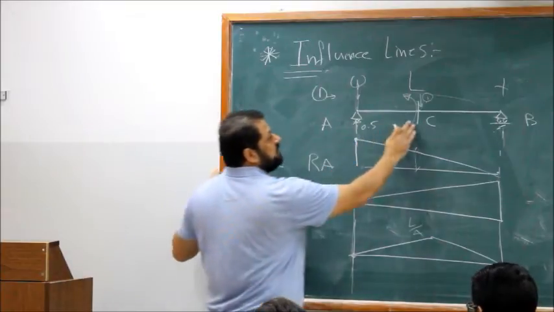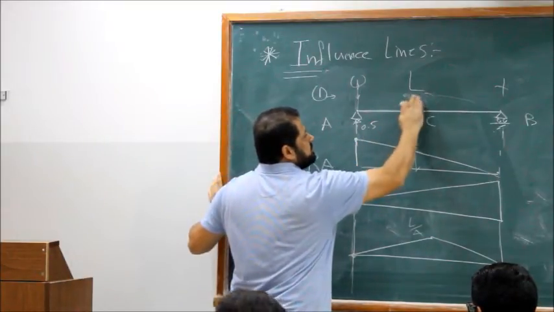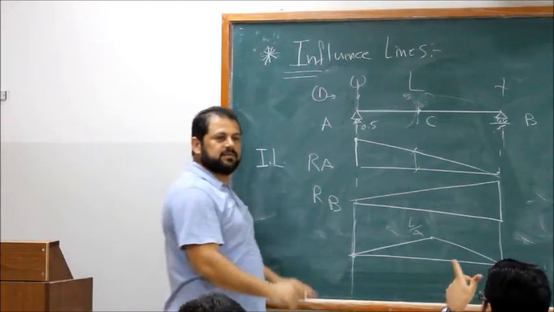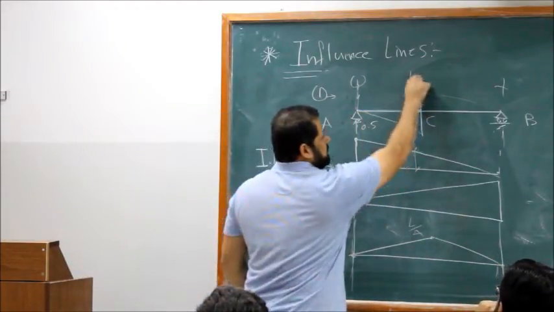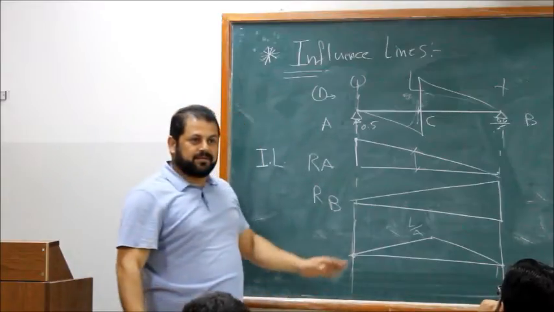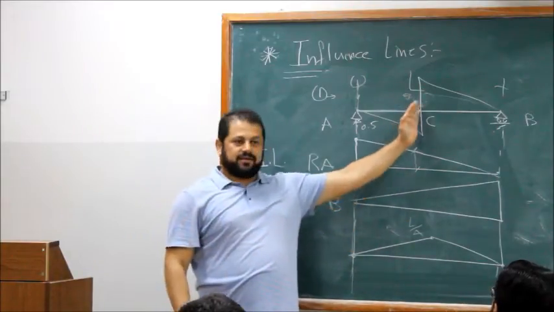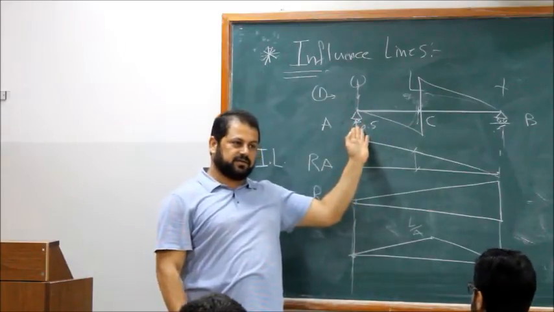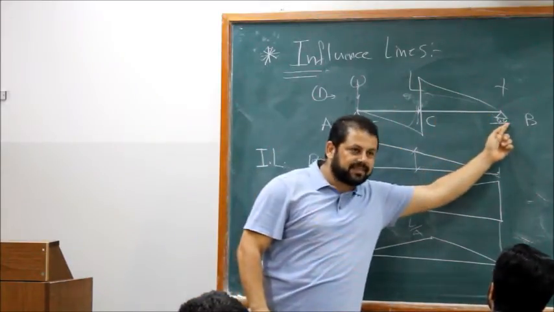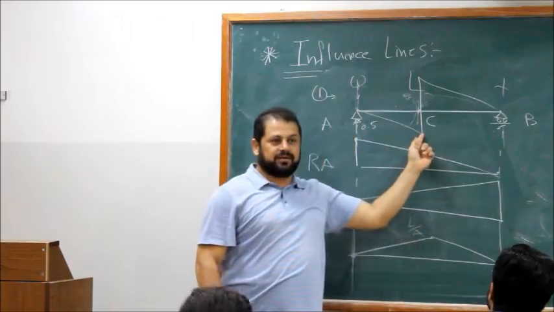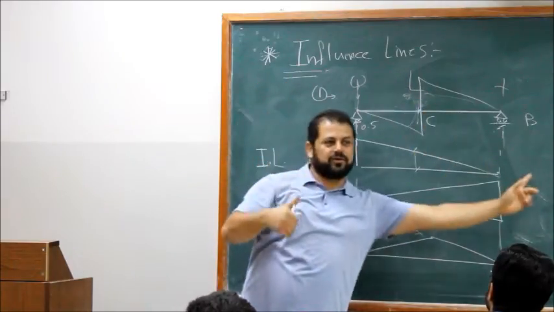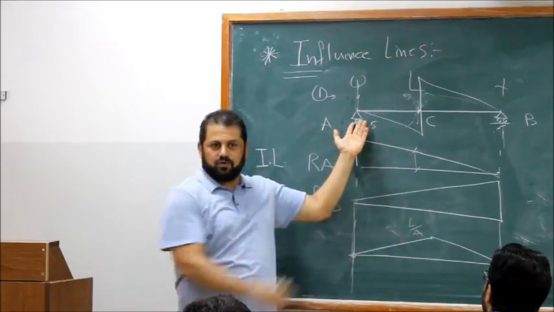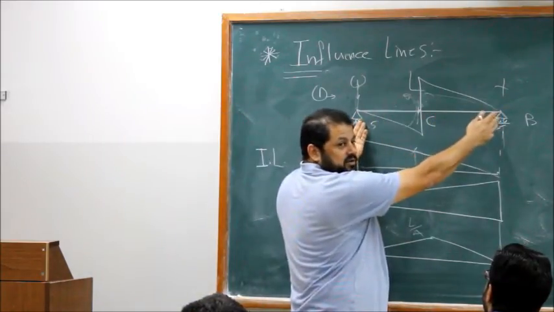How about the influence line for the shear at C? Look how easy. This C here. The distance to the left of C over the entire length is this one. Then you jump 1, then you go there. How much is this one? L over 2, over L is 0.5, right?